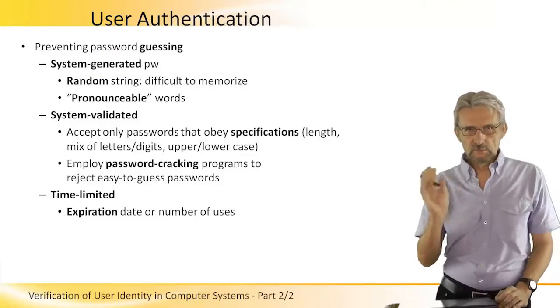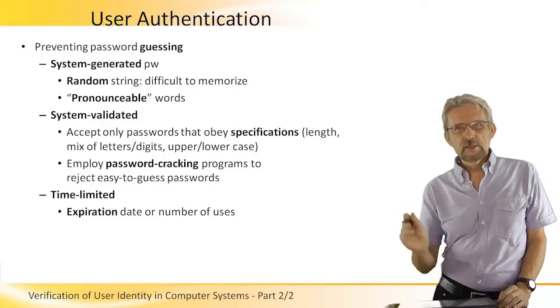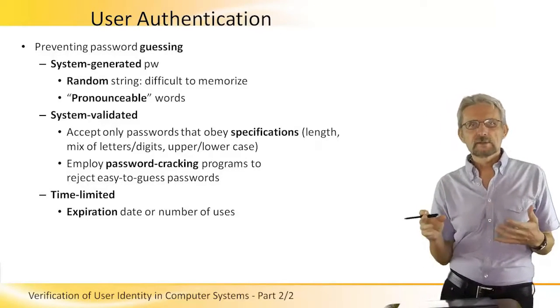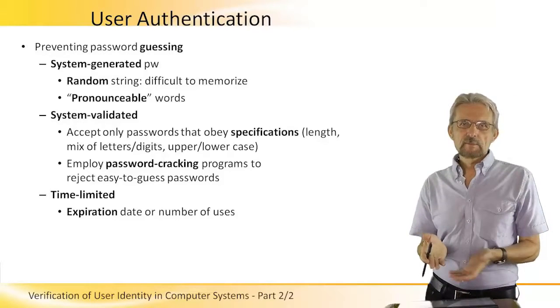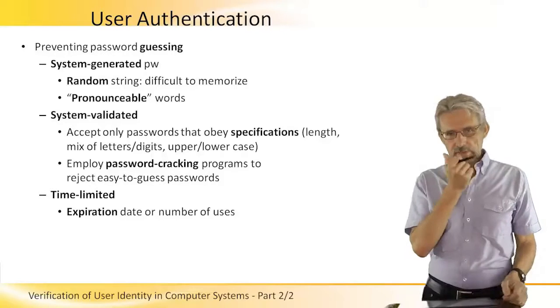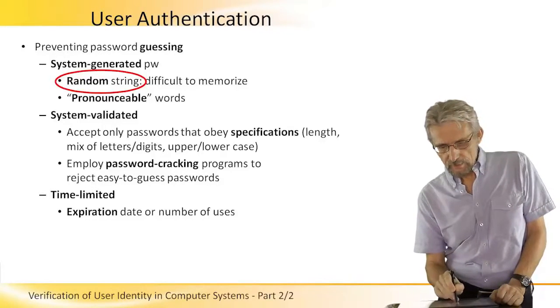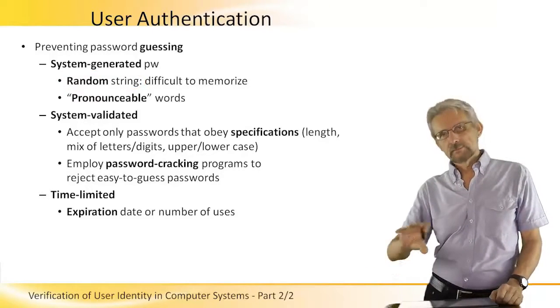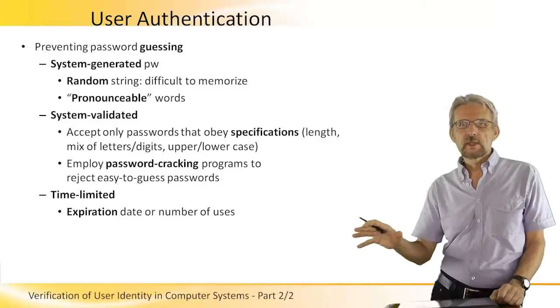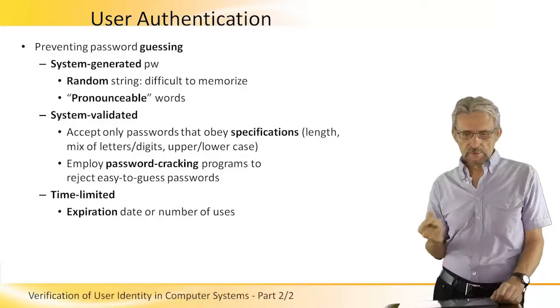The system actually gives you one that's reasonably safe. Problem is, if it's a random string of some garbage characters, it will be very difficult to memorize it, so you will write it down, which is a danger in itself, writing down a password. So sometimes the system will try to make not a random string, but something that actually can be pronounced, like a nonsense word. So that's one way, system generated.